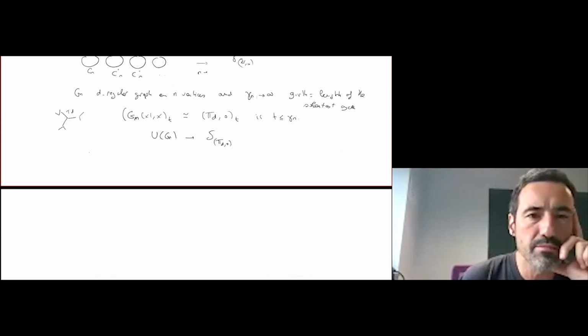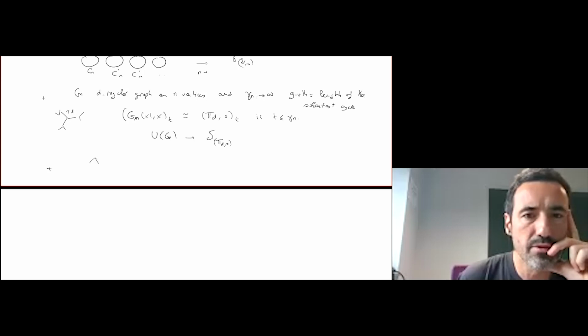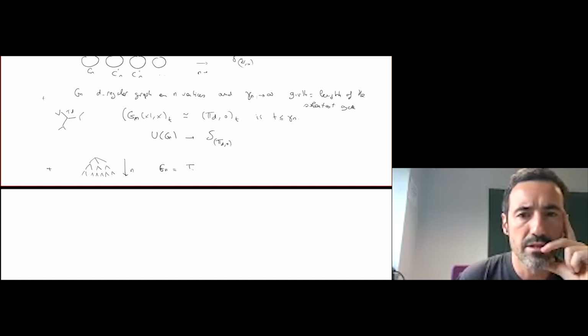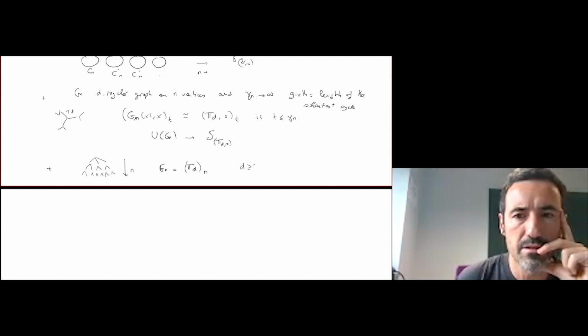Let's consider a new example where you look at the infinite d-regular tree. You define Gn to be Td restricted to its n-neighborhood, at depth n, where we take d to be at least 3.